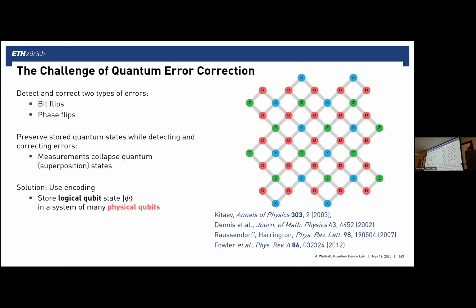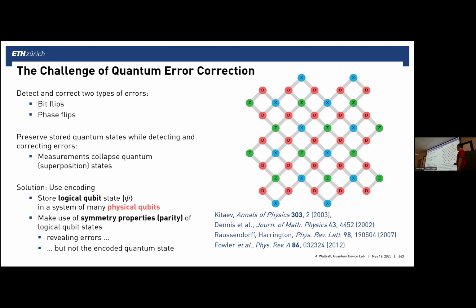There's a nice concept which relates to storing the logical state of your qubit psi into the physical state of many physical qubits. Here's a lattice of such physical qubits. The physical data qubits are shown in red, and in those the quantum information gets stored, and the green and blue qubits are used for detecting whether there are errors.